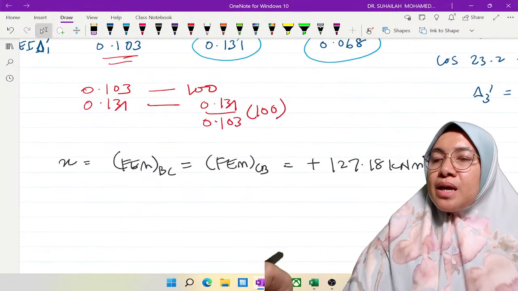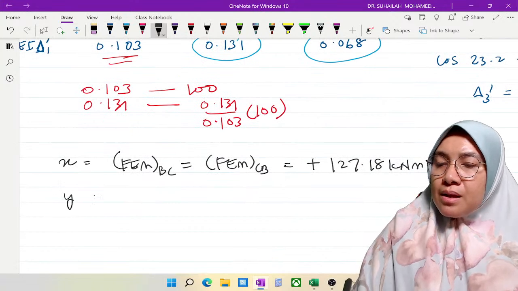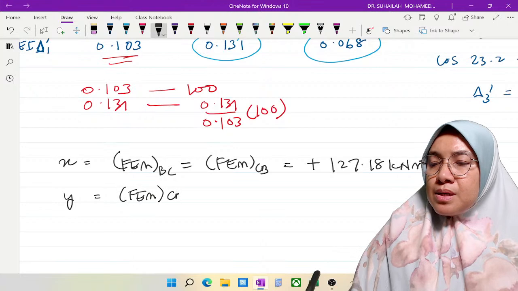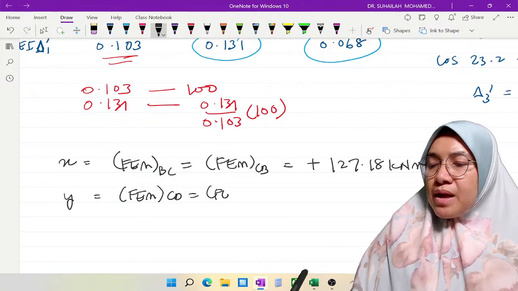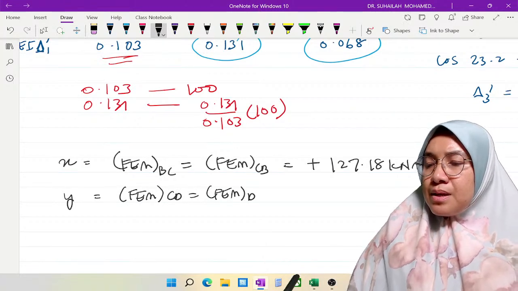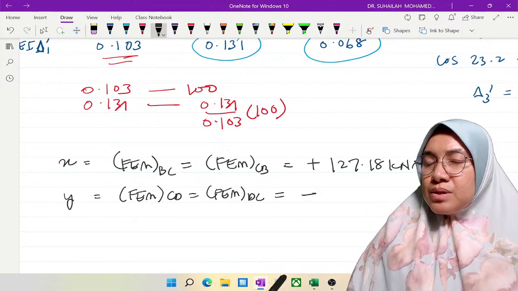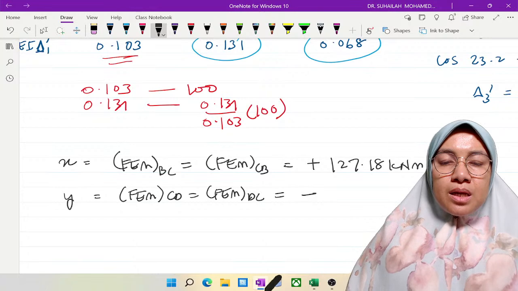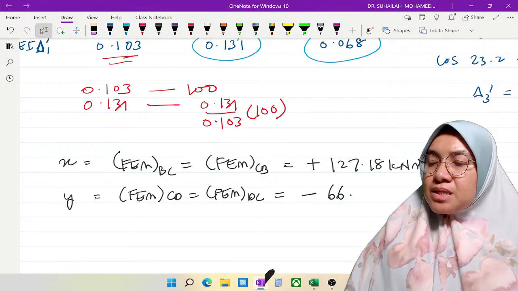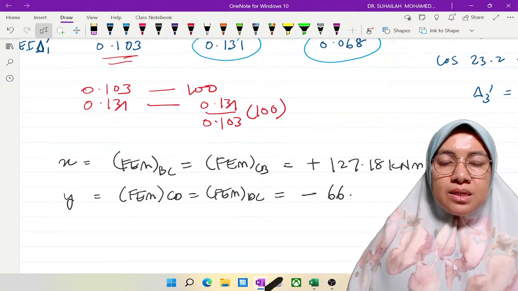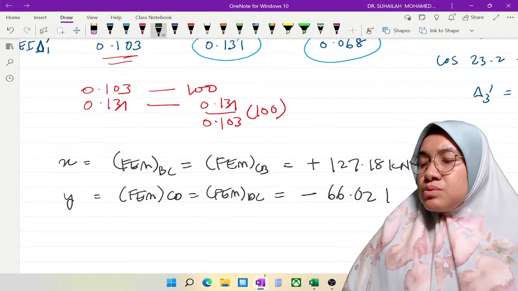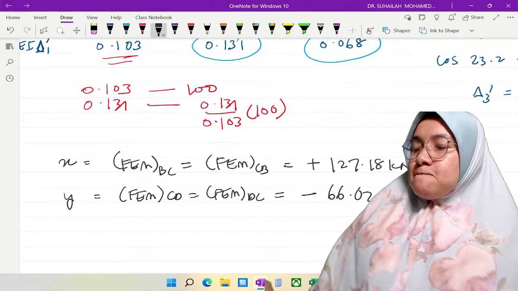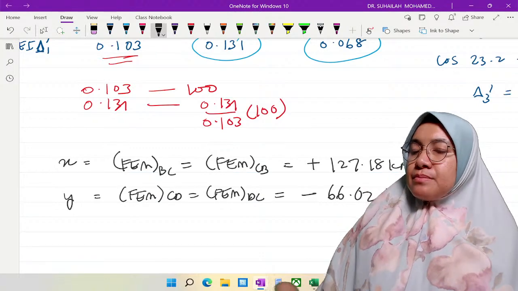So Y, we get Y is equal to FEM CD, FEM DC equal to negative 66.02 kilonewton meter, moment.